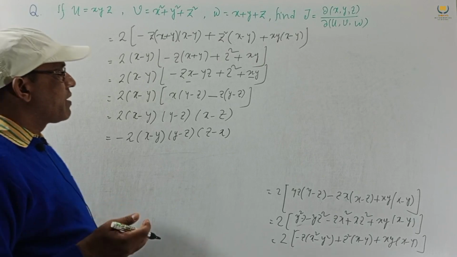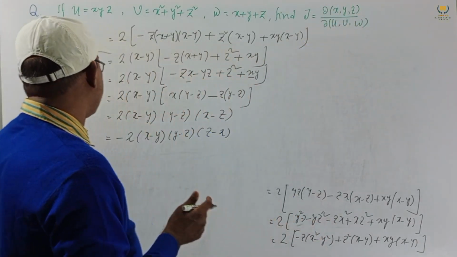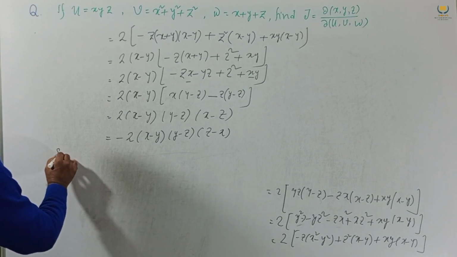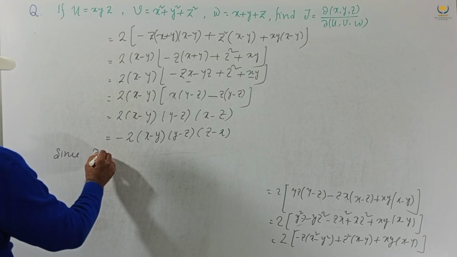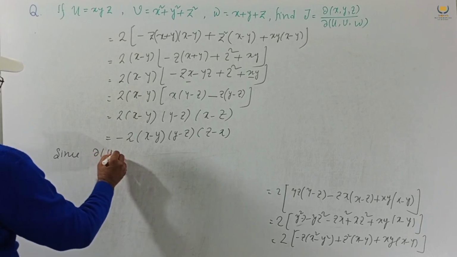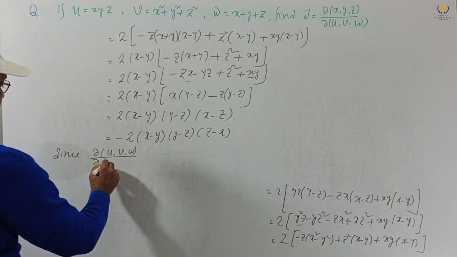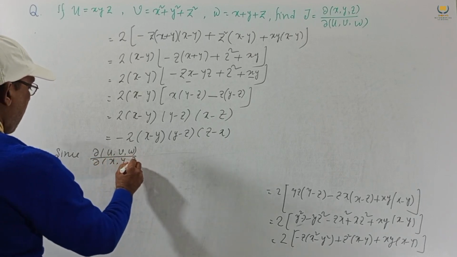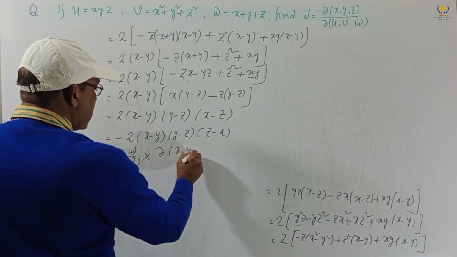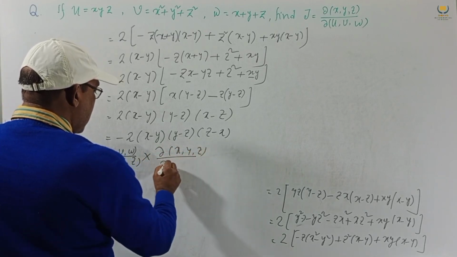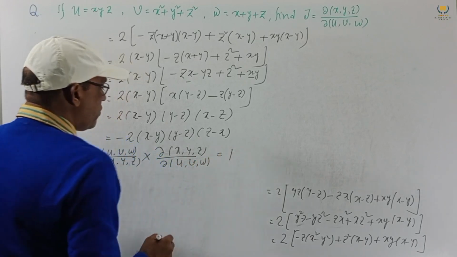But actually our requirement is del x, y, z by del u, v, w, since del u, v, w by del x, y, z into del x, y, z by del u, v, w equals, we know, 1.